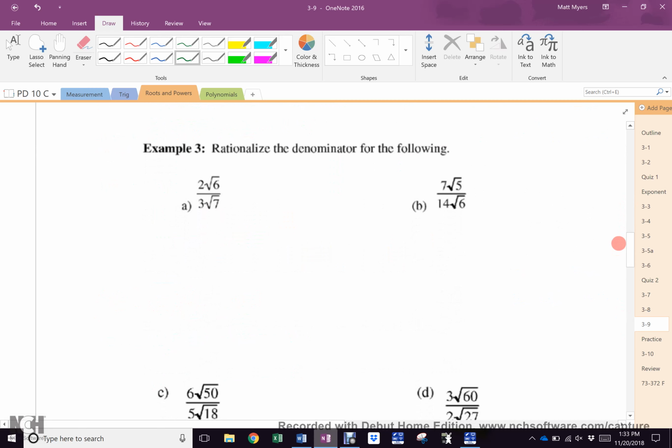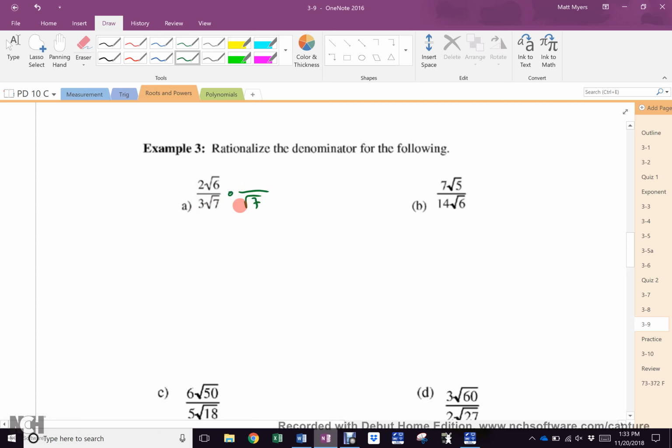So what isn't allowed in A? Is it all right to have a 3 in a denominator? Is it all right to have a root 7 in a denominator? No. So what do I have to get rid of? The root 7. The 3 can stay, can't it? So I need to multiply this by root 7.